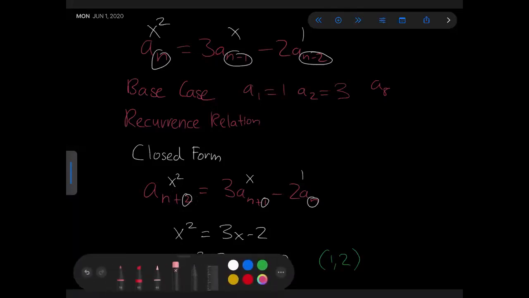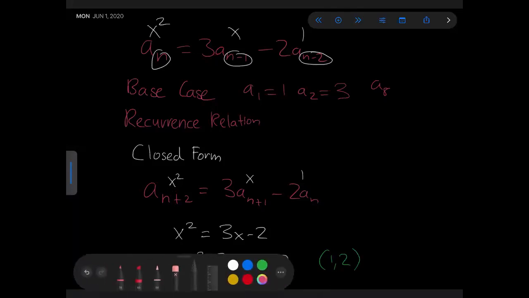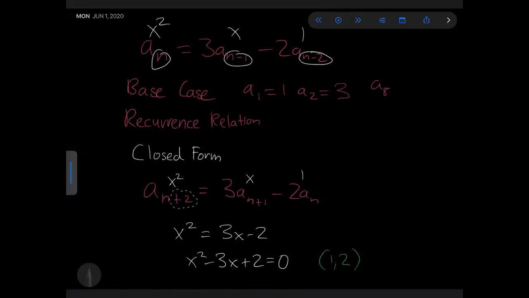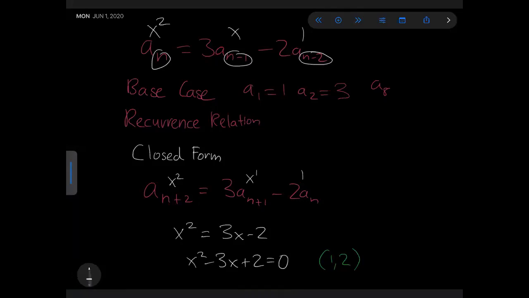So with a of n plus 2, we get x squared because we have an extra 2 here. With a of n plus 1, we get x to the 1. And with a of n, it's x to the 0.